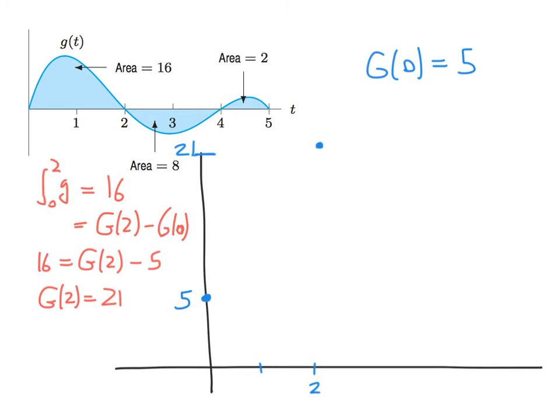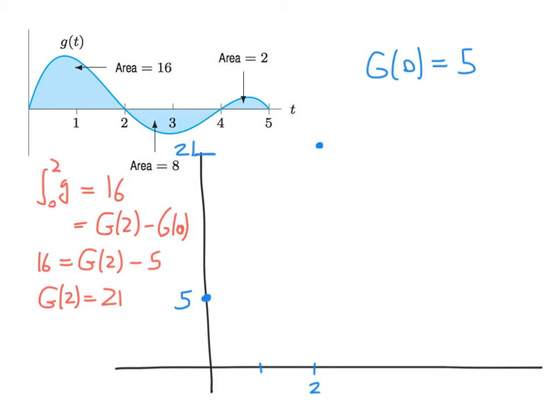Now we can do the same thing as we did for capital G of 2 with the other areas that are given to us. Here we have a negative function value. That means that the definite integral from 2 to 4 is the negative value of this area.